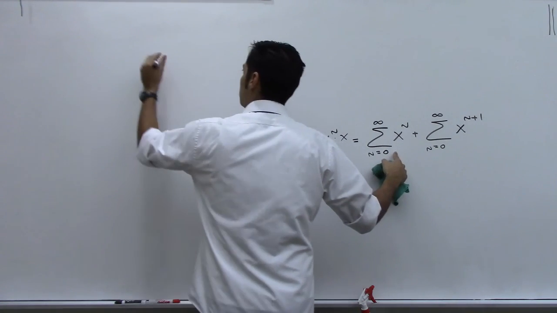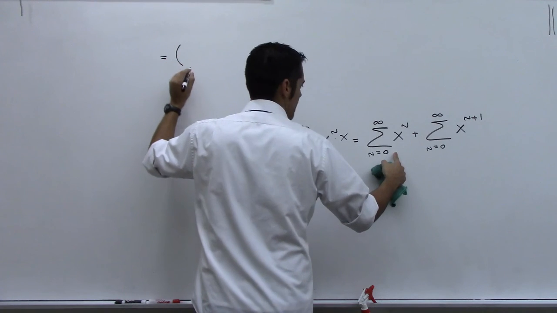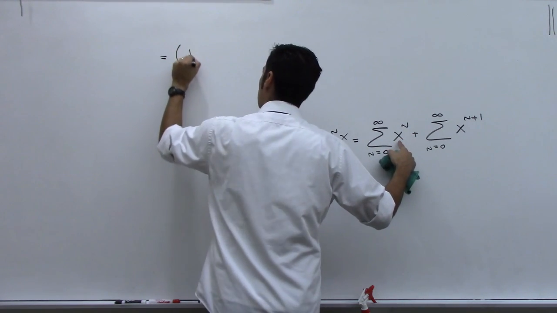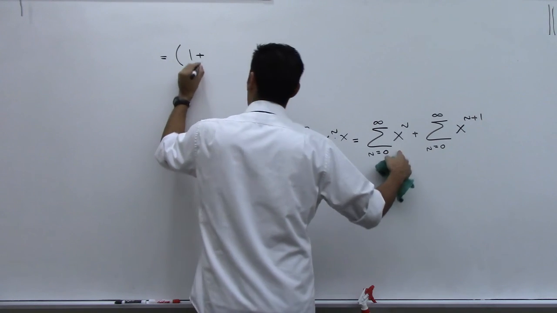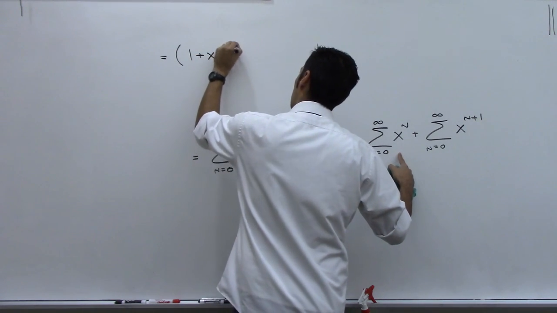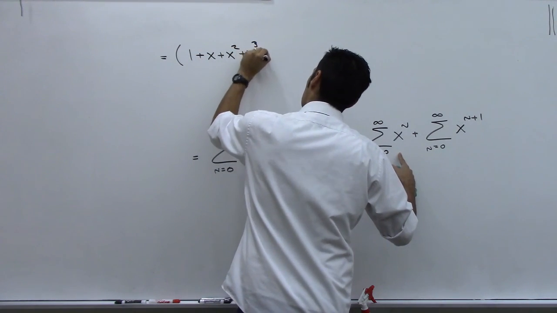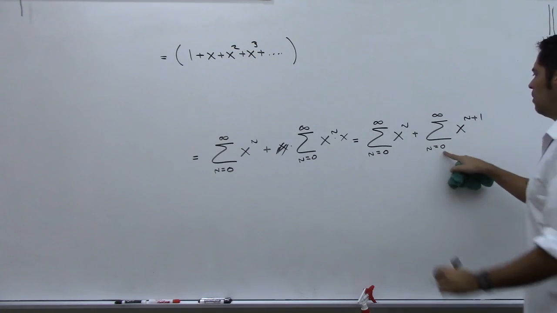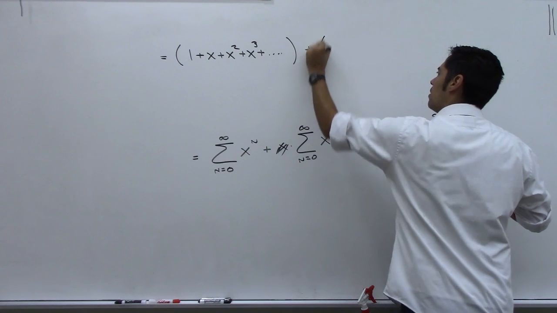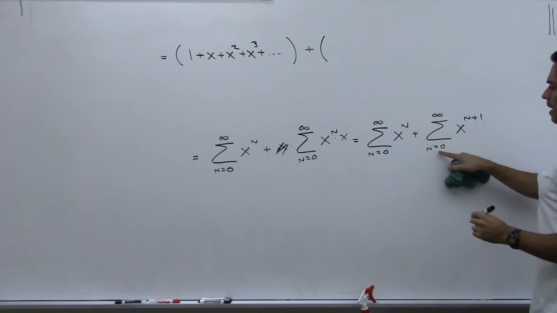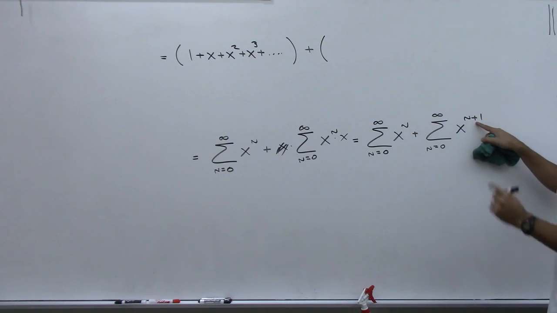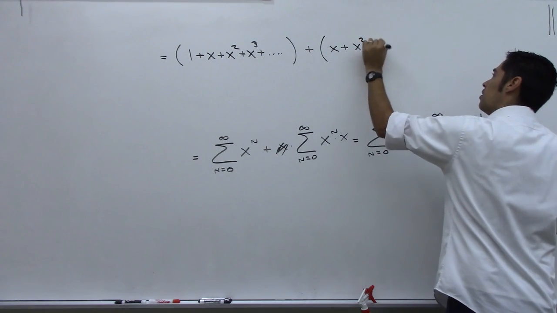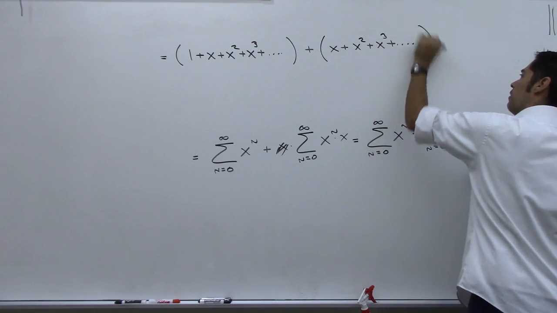This right here is going to create, if n is 0, I get x to the 0 is 1, then plus, if n is 1, I get x, plus x squared, plus x cubed, plus, and that goes forever. That's this first one. This one right here, if I let n be 0, actually start at 1. So this is just x plus then x squared, then x cubed, forever.